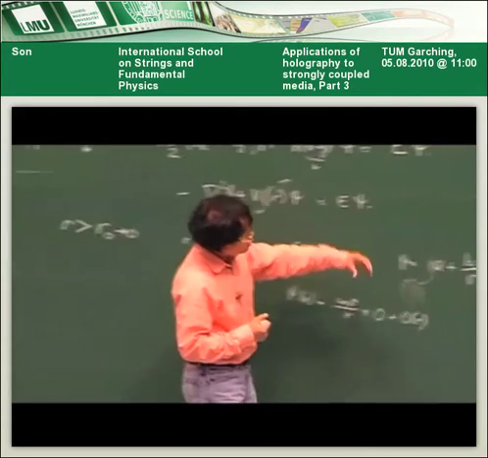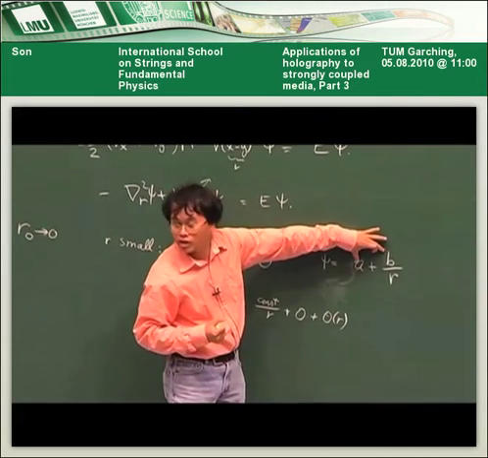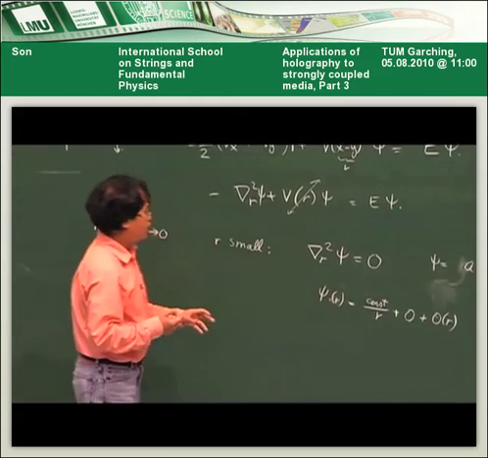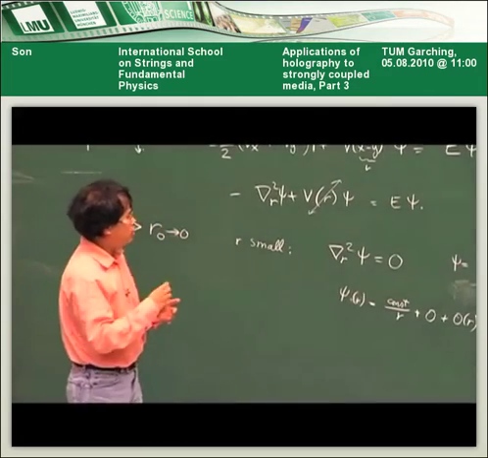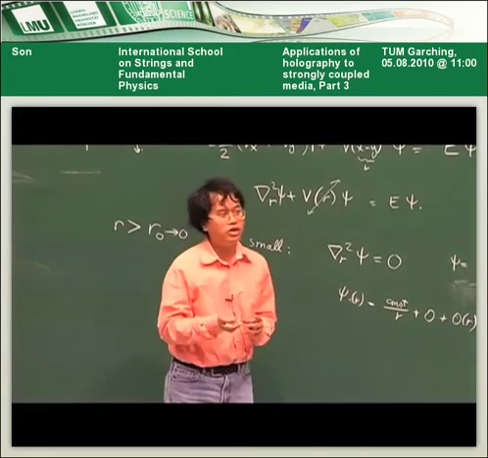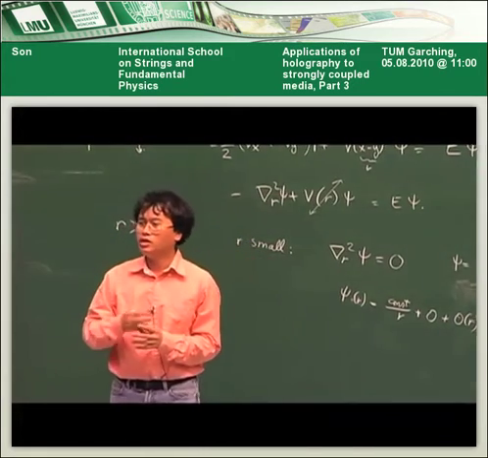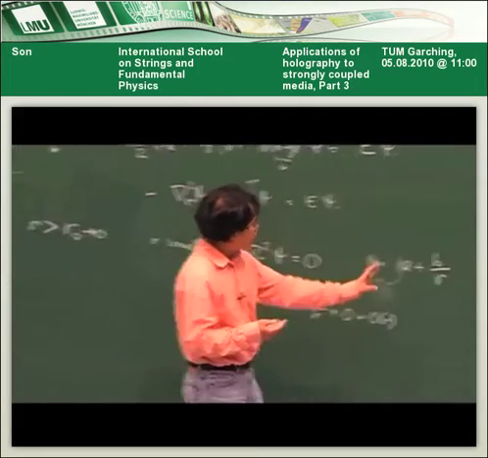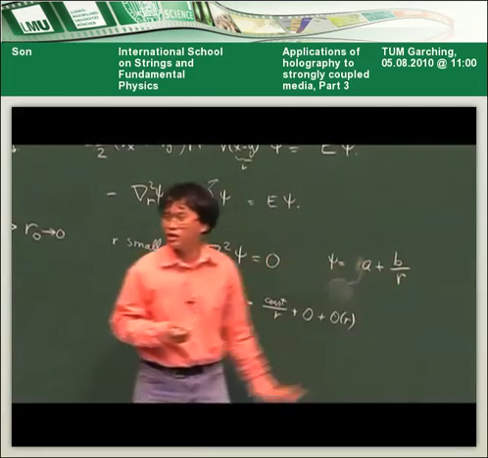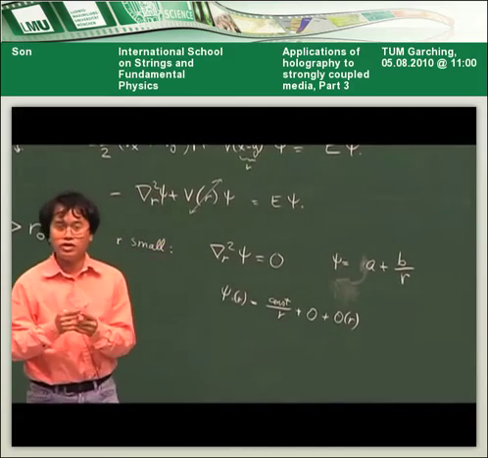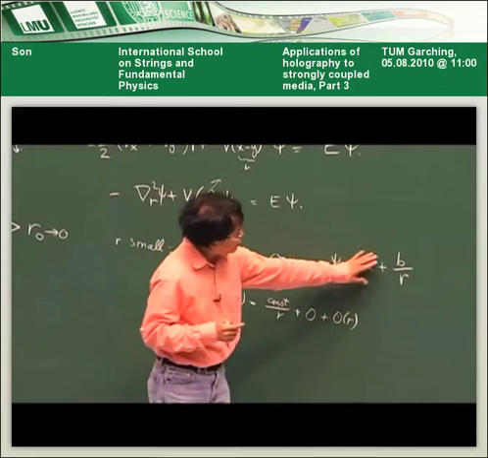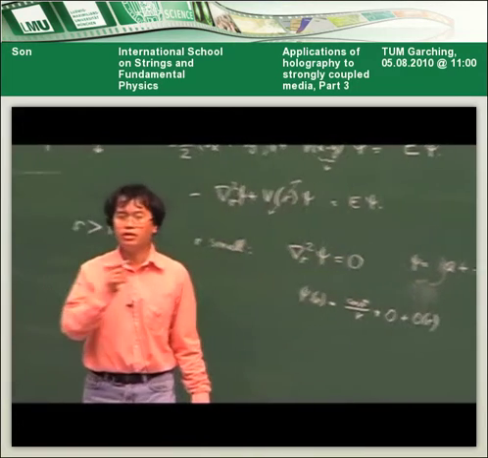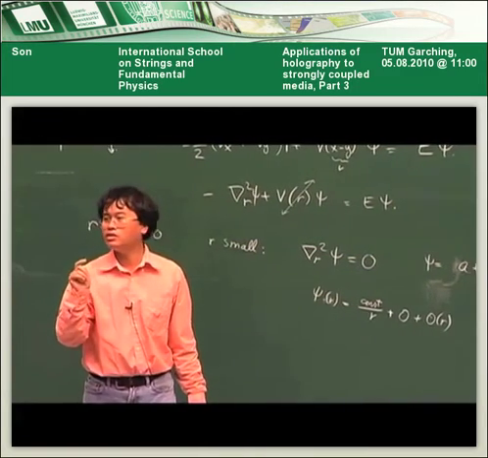That condition can be thought of as the ratio between these two coefficients, A and B. And there are two special choices of the boundary condition that respect scale invariance. One is when we impose the condition that the wave function goes to a constant, and the other one is when the wave function goes to 1 over r without any constant. Any question? Please.